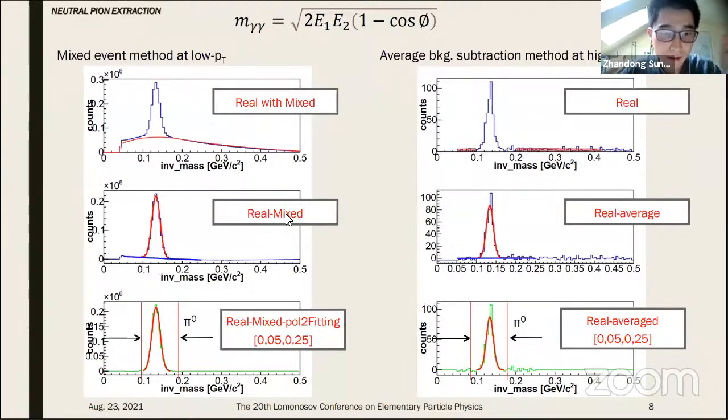Then after subtraction of the mixed event, we had another second order polynomial fitting. While at high pT, due to the lack of statistics, we prefer to take the average background content of the region outside the peak, and subtract it from the peak.